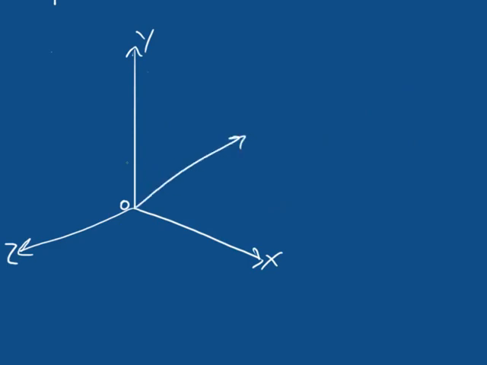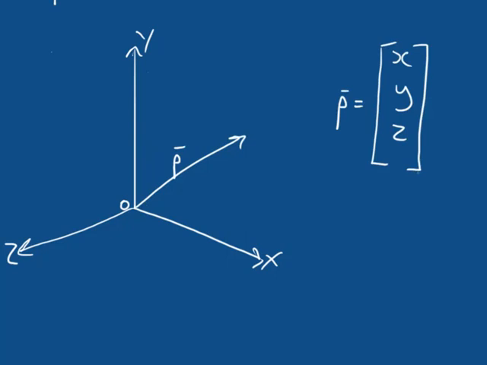Our 3D position vectors, if we had x, y, and z axes with an origin here, a 3D position vector is going to be a vector that is again locked in place because it starts at the origin. And we know that our 3D position vector, if it was a vector p, because it's a 3D vector, is going to have an x component, a y component, and a z component.